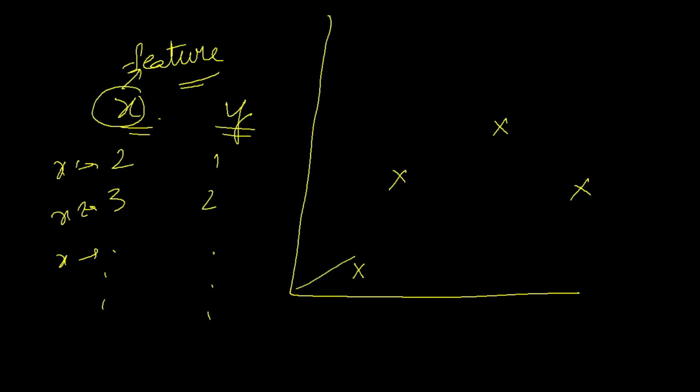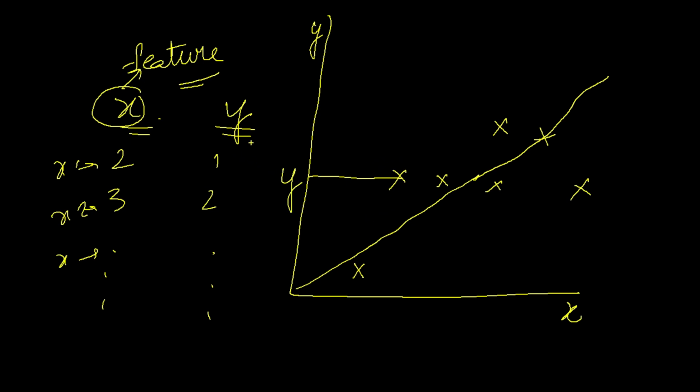And now when we pass a line, the approximate line that allows the maximum points to get over it. Consider like these, some points are here, some points are here, some points are here. Now when we project this point on the y-axis, this is our y-axis and this is our x-axis, we get the value y, the exact value, that is the actual value, and when this projects on the x-axis we get the value of x.